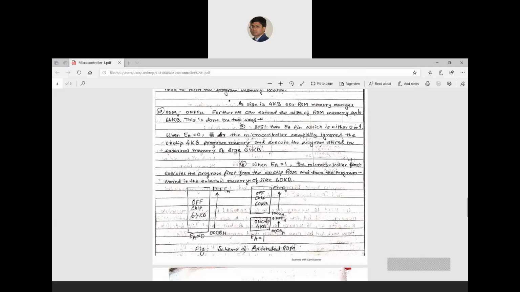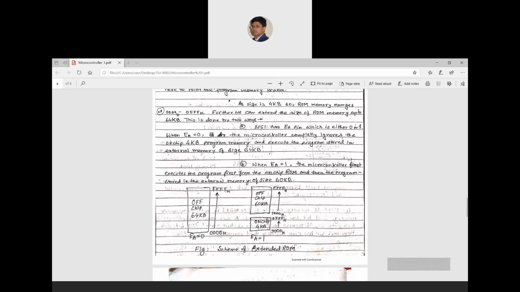When EA is 1 and I have connected a 64 kilobyte ROM, what will happen is shown on the right hand side. EA is 1 and I have connected 64 kilobyte of off chip ROM. But you can see that when EA is 1, the internal ROM is used for storing the program code.